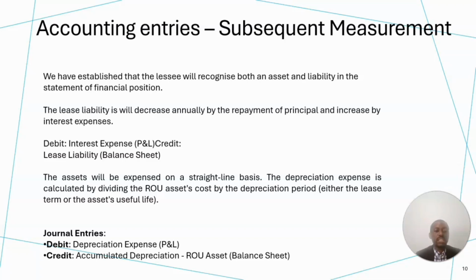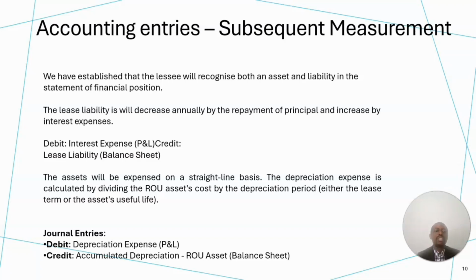The assets will be expensed on a straight line basis. That's for the lease asset to be expensed on a straight line basis. So the depreciation will be charged on a straight line basis. The depreciation expense is calculated by dividing the right of use assets by the depreciation period, which will be the earlier of the lease term or the useful life of the asset.